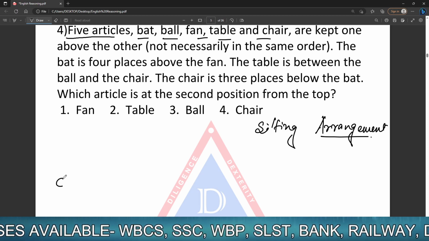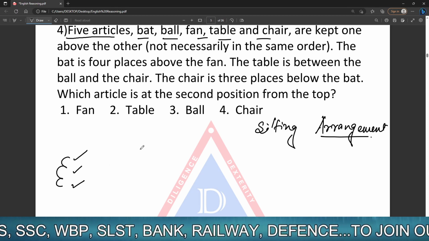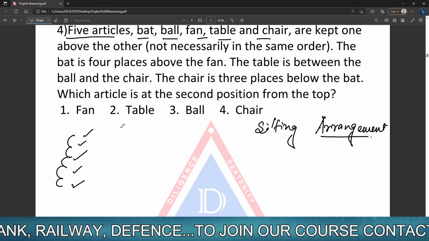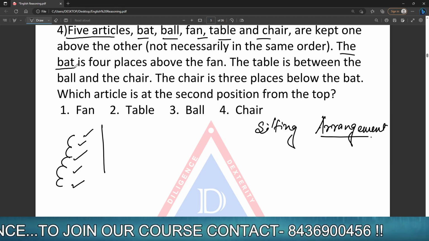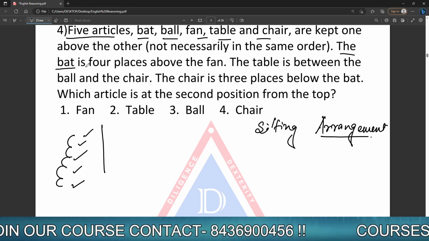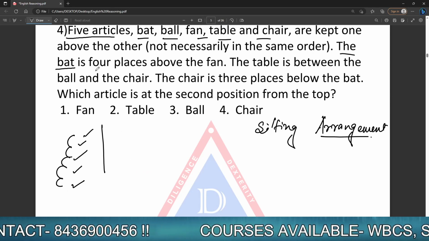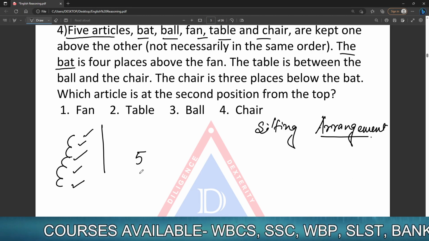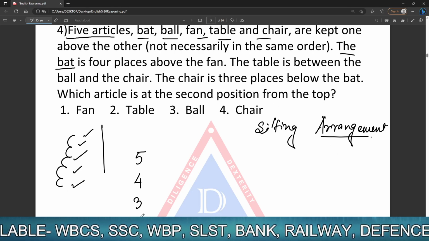That means 5 positions will be there. Then it's given that the bat is 4 places above the fan. So if we draw, we can write 5, 4, 3, 2, 1. Let's make stairs one above the other.